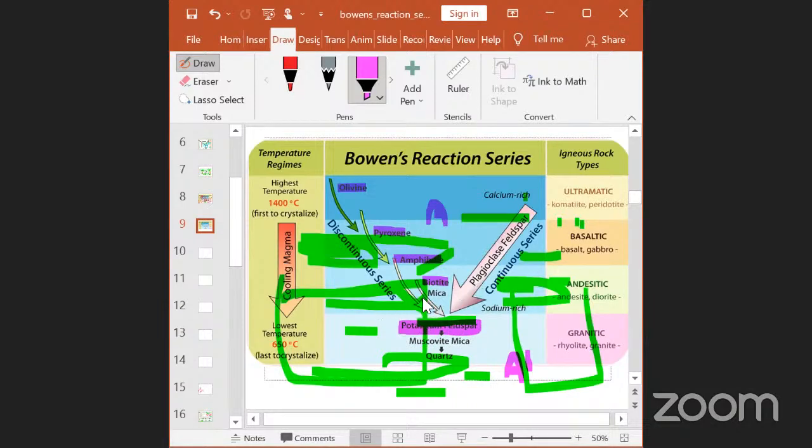Or it could make muscovite also, muscovite mica. Or if it has lots and lots of silica, it could make quartz also, right?